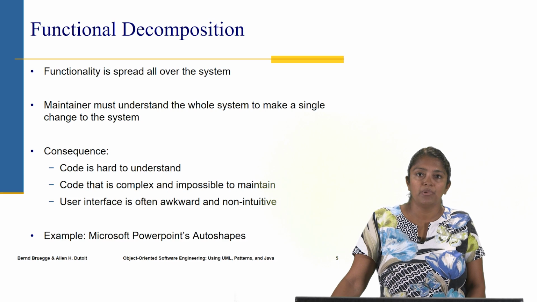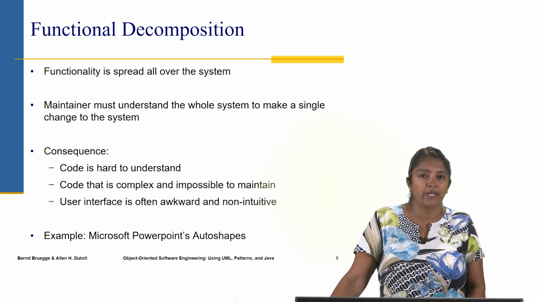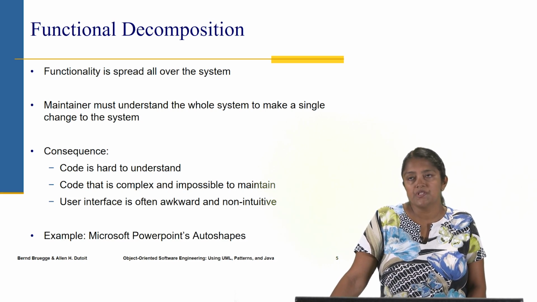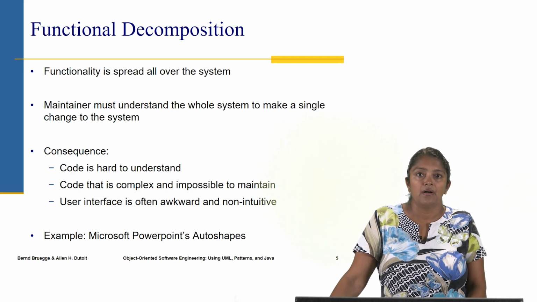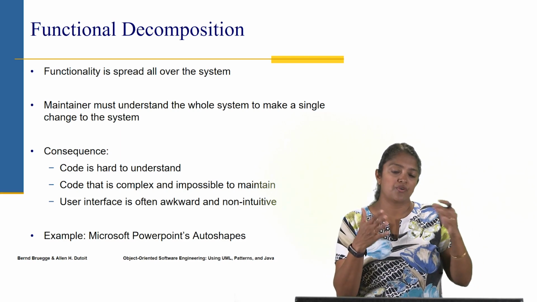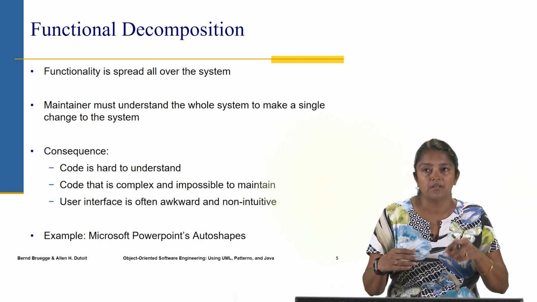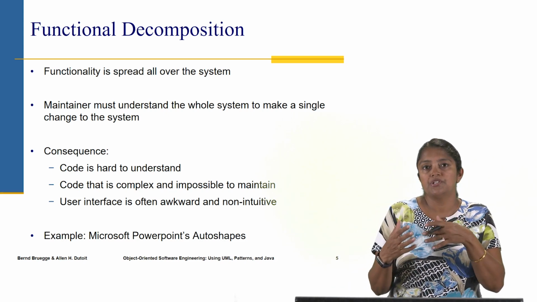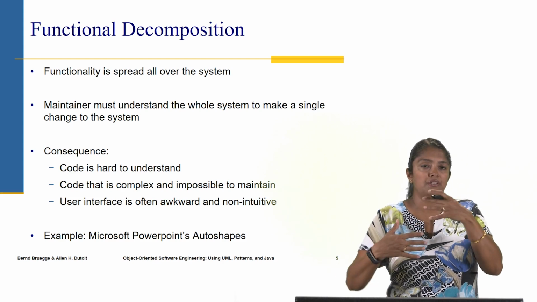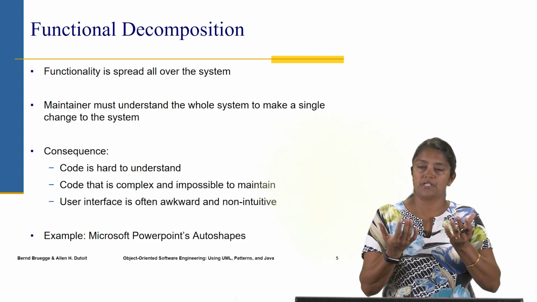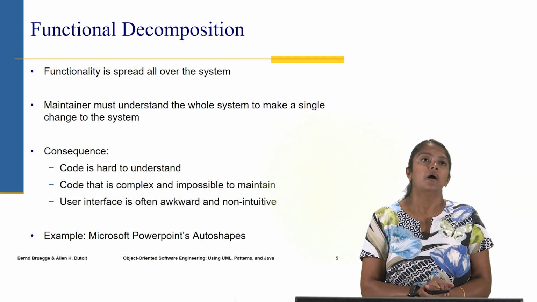So we'll use the example of Microsoft PowerPoint's AutoShapes. The AutoShapes software has the functionality to draw different kinds of shapes, and there is the ability to change them, to color shapes, to change the color of borders, to change the border widths, and so on and so forth.